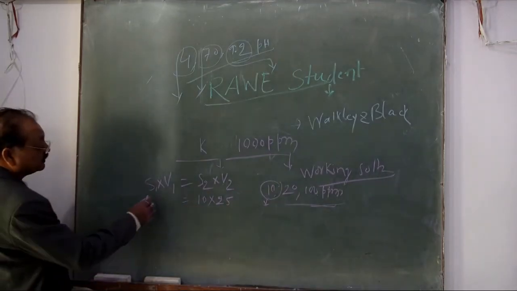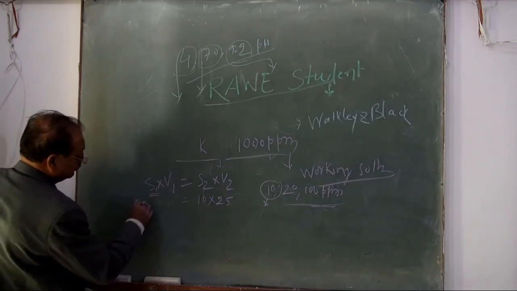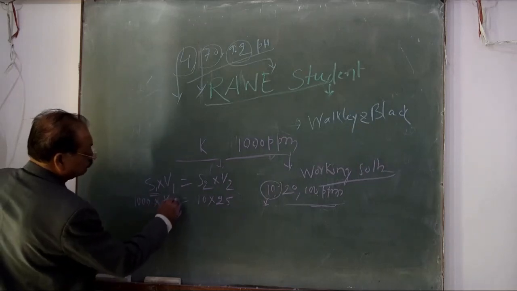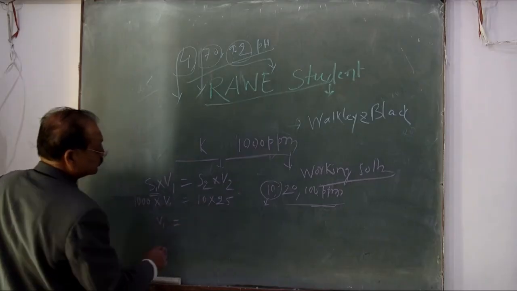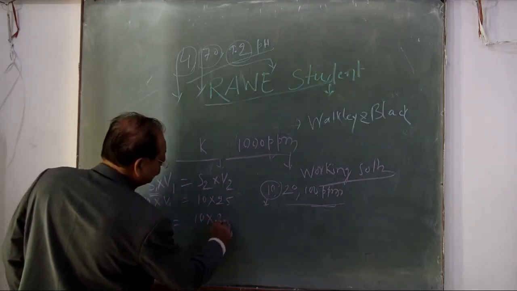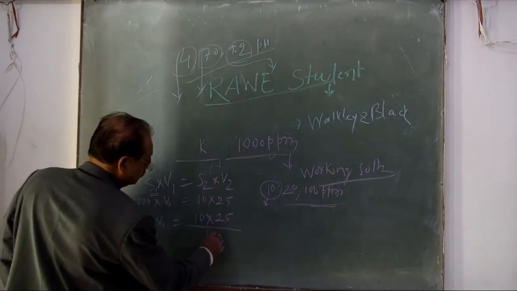This S2 is the 10 ppm you have to prepare. Now S1 is known to you: S1 is the 1000 ppm, and V1 you have to calculate. So V1 is equal to 10 into 25 divided by 1000.